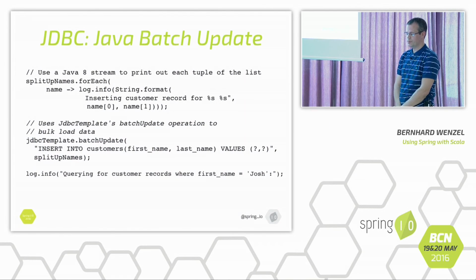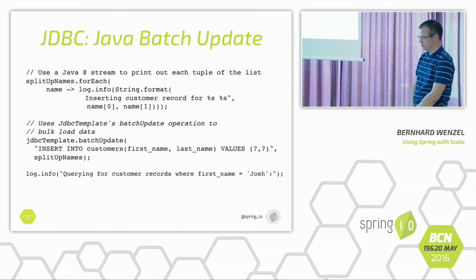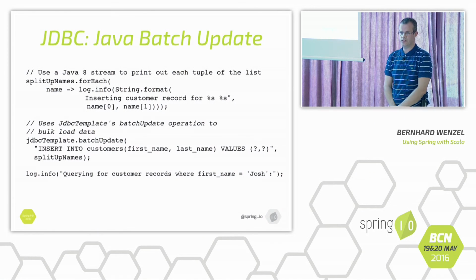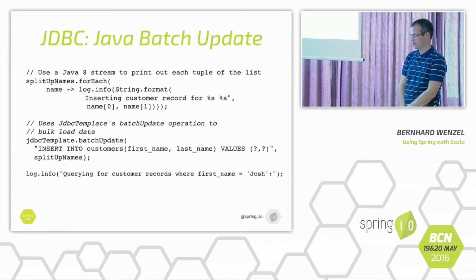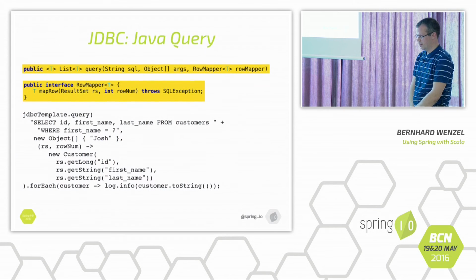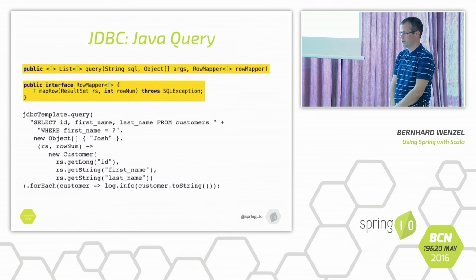Then we do a batch update. Well, first we print the results to the log just to see. And then in the batch update, we have an SQL string, and we pass the collection we just created to it. Finally, to see if it has worked, we do a query.